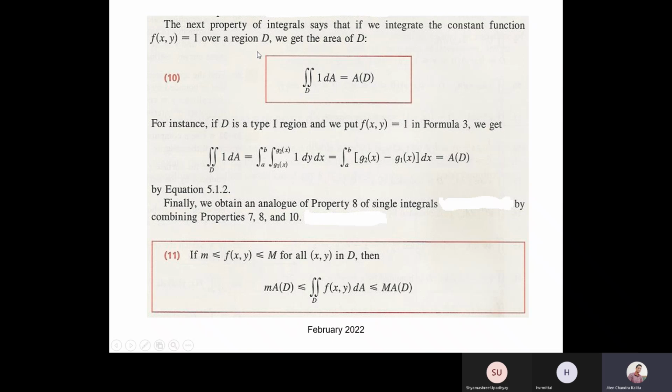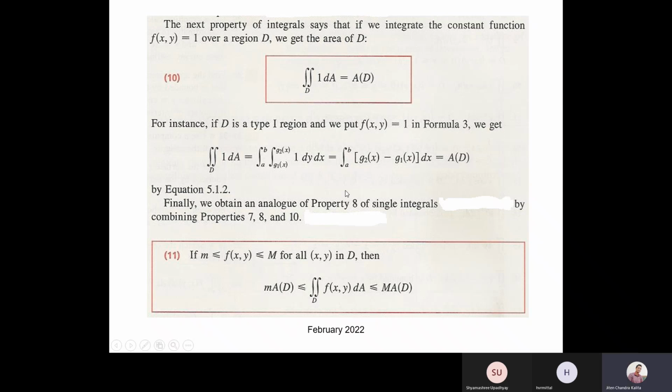The next property of the integral says that if we integrate the constant function f of x,y equal to 1 over the region D, we get the area of D. This is obvious. Okay. So the proof is simply like this.